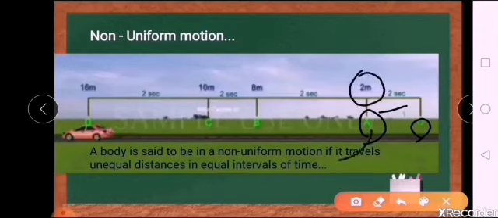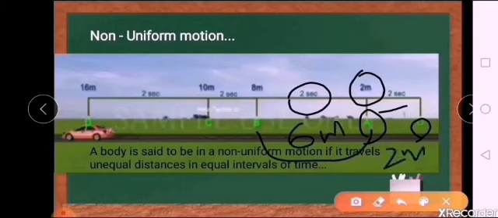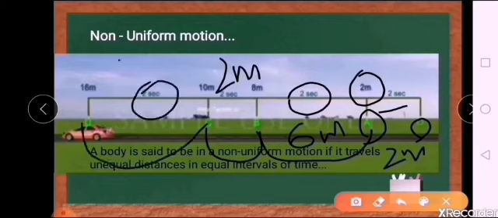Now from A to B, in the next 2 seconds, it has traveled 8 minus 2, 6 meter. Now from B to C, in the next 2 seconds, again 2 meter. Now from C to D, in the next 2 seconds, it is traveling 6 meter.